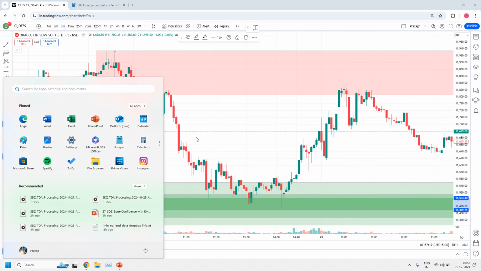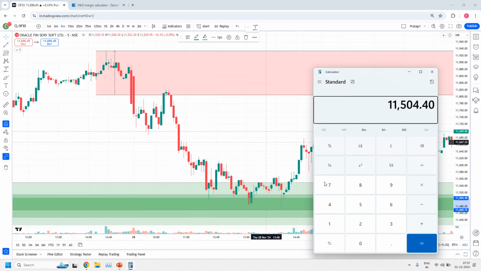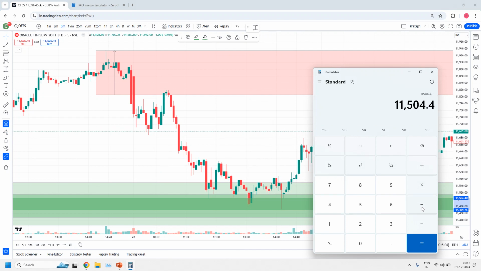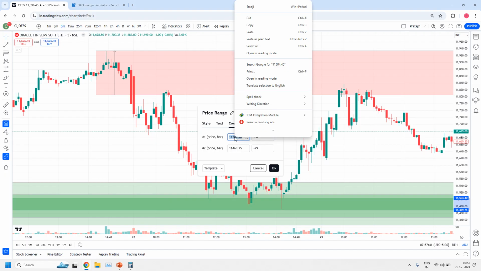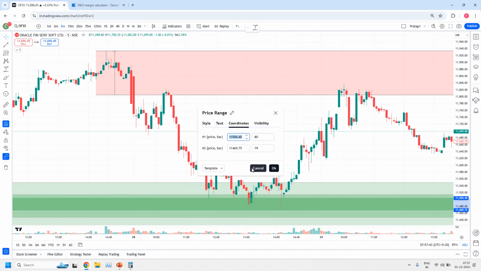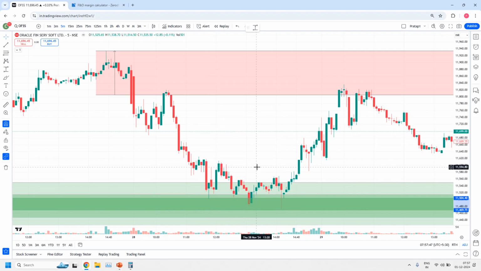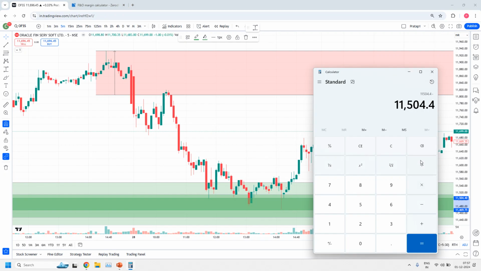I'm taking the calculator. This is the target minus the entry. 11,005. Okay, and your entry should be here, 11,504.40. 11,469 is our distal line, but we take our entry at the proximal line.